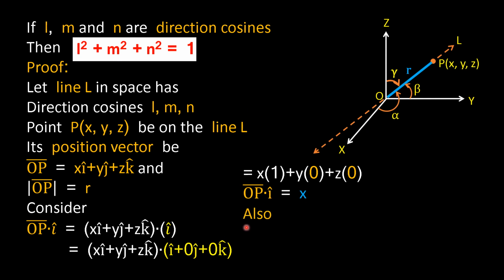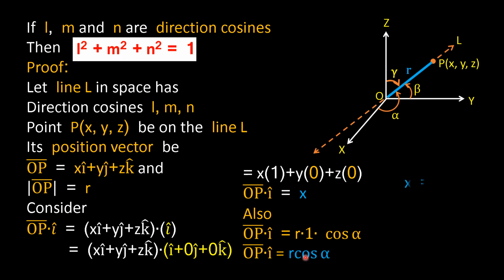Also, by the definition of dot product, we have OP bar dot i cap equals R, which is the magnitude of OP bar, and 1, which is the magnitude of the unit vector i cap, times cos alpha. We get OP bar dot i cap equals R cos alpha.